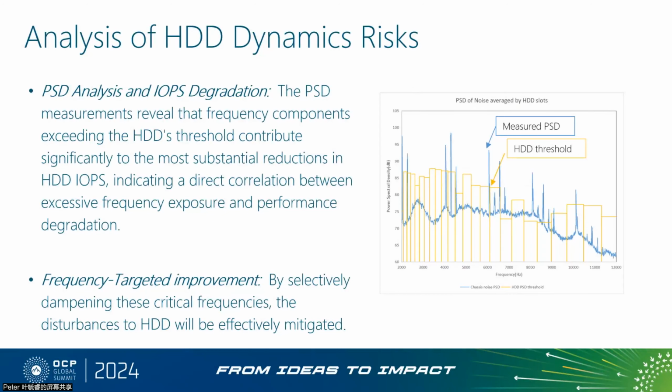Combining the PSD spectrum with the HDD threshold of acoustical excitement, one can get the figure on the right. In the figure, we can see some frequency components exceeding the HDD's threshold contribute to the most substantial reductions in HDD IOPS, and further analyses have proved that there is a direct correlation between excessive frequency exposure and performance degradation.